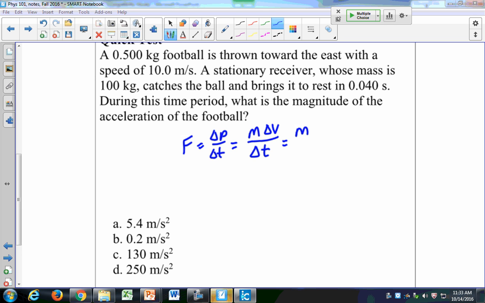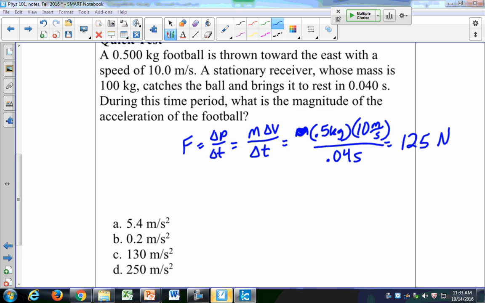So I'm just going to forget about the signs in this problem and write 0.5 kilograms, 10 meters per second, because that is my change in speed, divided by delta T, which is 0.04 seconds. So that's 5 over 0.04. Does anybody know what that is? 125? 125 newtons. So the football player exerts a force of 125 newtons in order to stop the football.